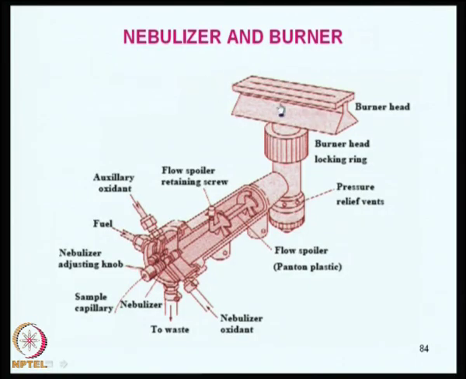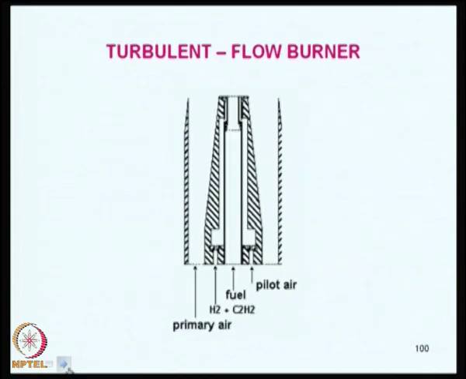I will show you in this figure, the oxidant and the fuel are pre-mixed and then come here together to burn at the slotted space. This is known as the pre-mix burner.